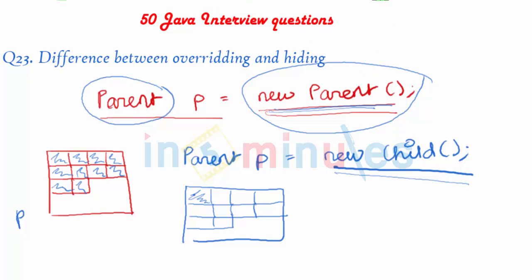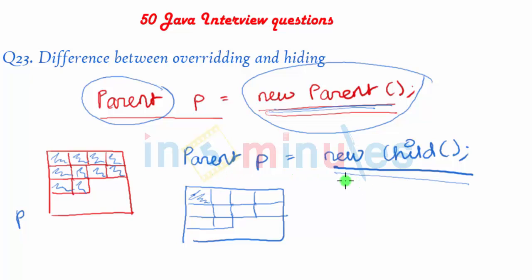And in case of hiding, we are actually talking about overriding, syntactically, a static method. If we have a static method inside the Parent class as well as the Child class, the Child version is not invoked. Instead, in this case, the Java compiler will see the left hand side.